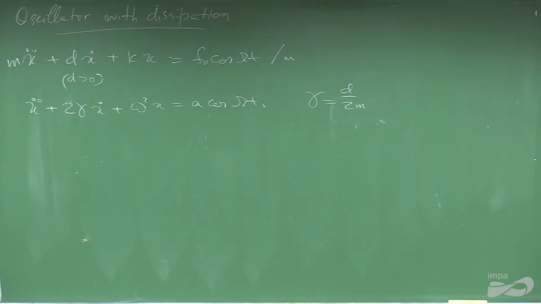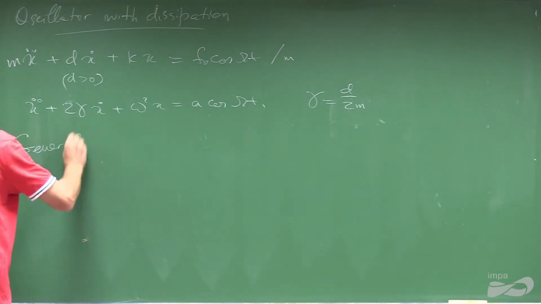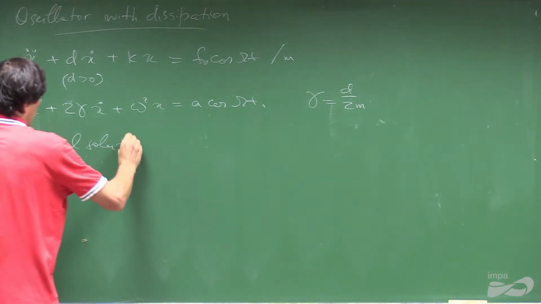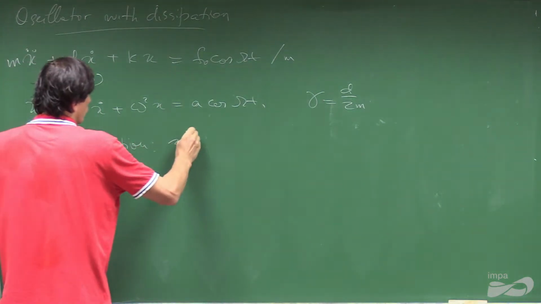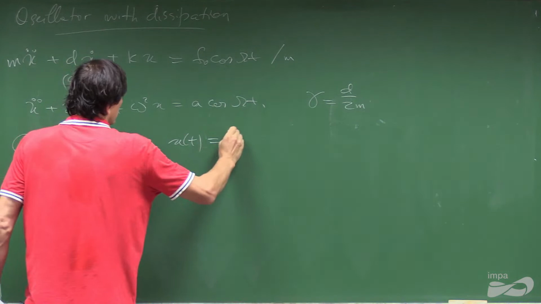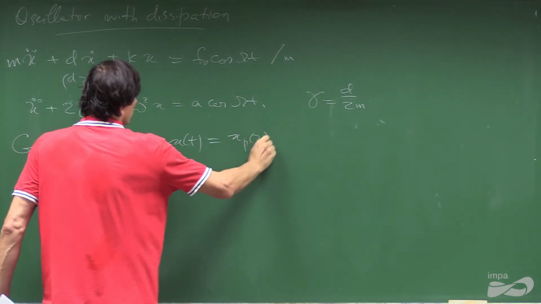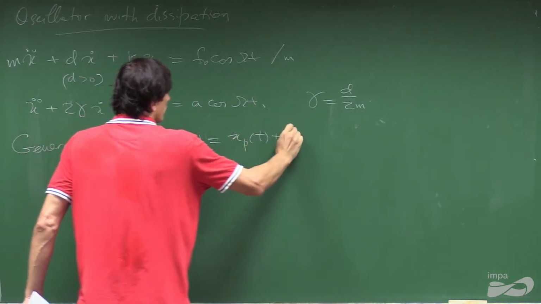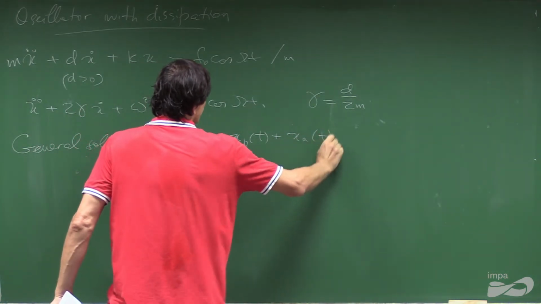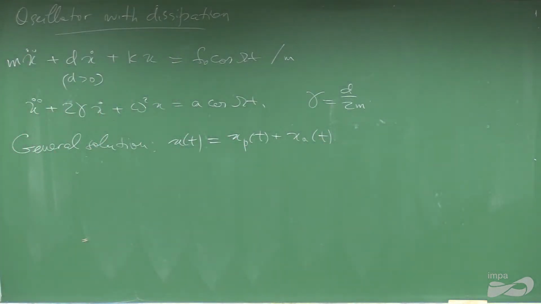Okay, the situation is just the same. So the general solution you obtain by putting the particular solution plus the solution of the autonomous system.